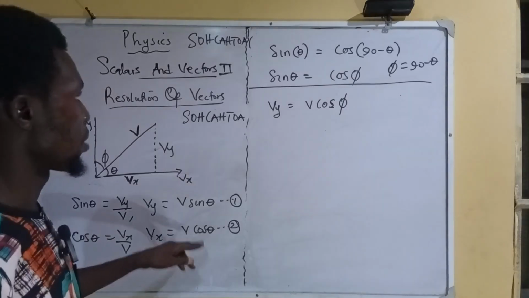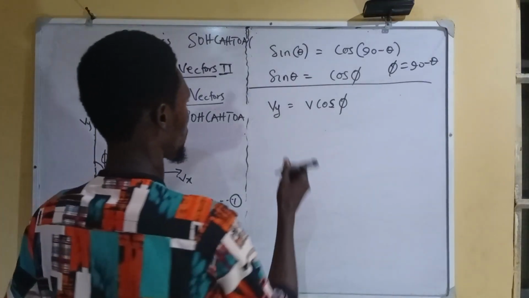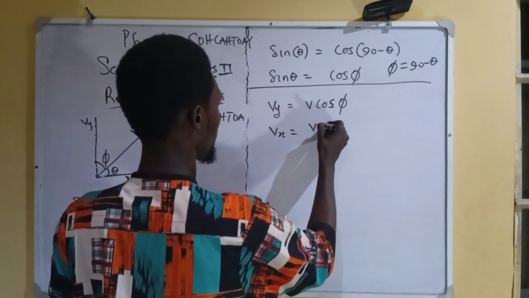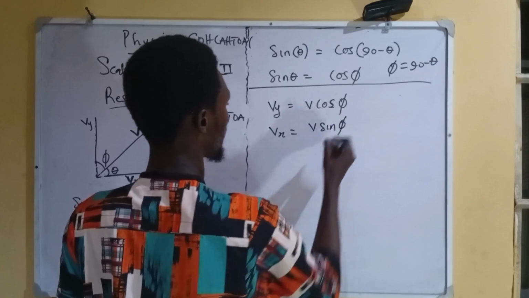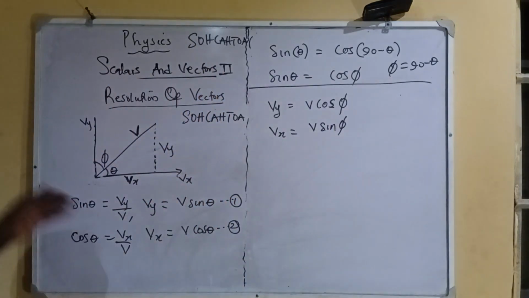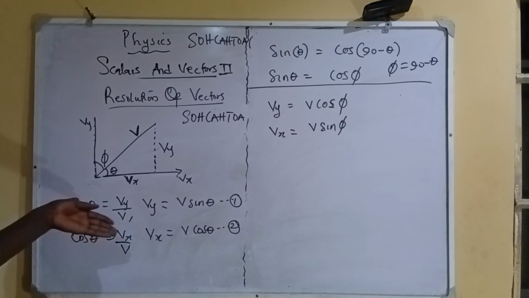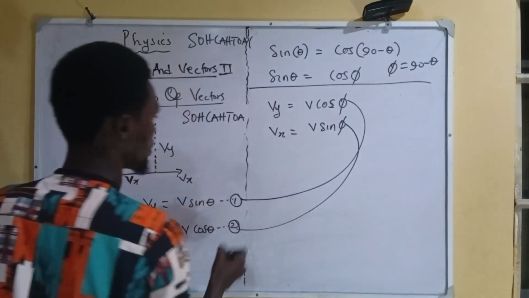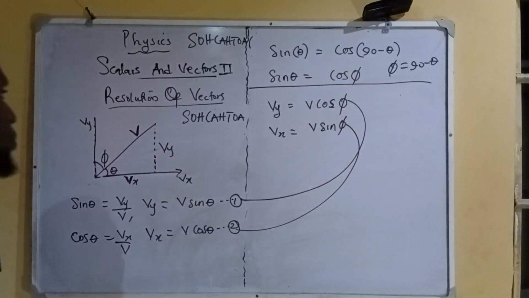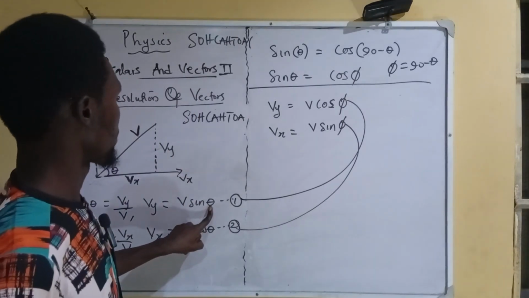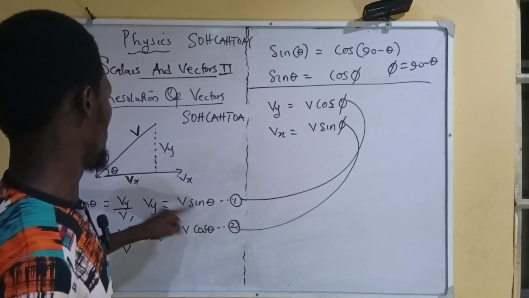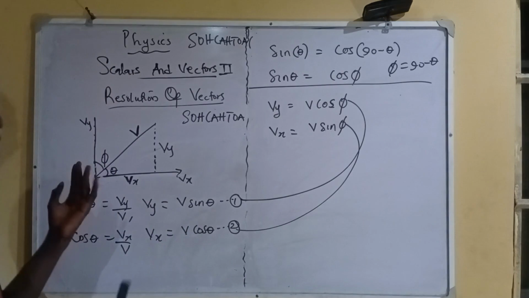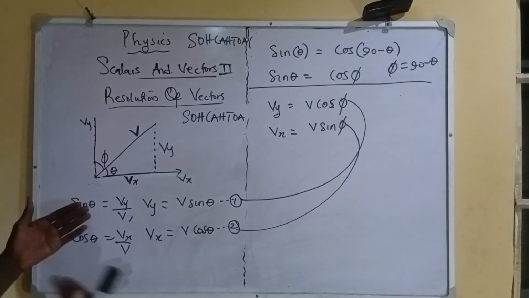So the same thing is applicable here. Your horizontal component will now be V sine of that angle that is measured from the vertical. Have you seen? It's just like the opposite of each other. But this angle here is measured from the horizontal, so it's always advisable to make sure that it is measured from the horizontal so that you will not be confused.